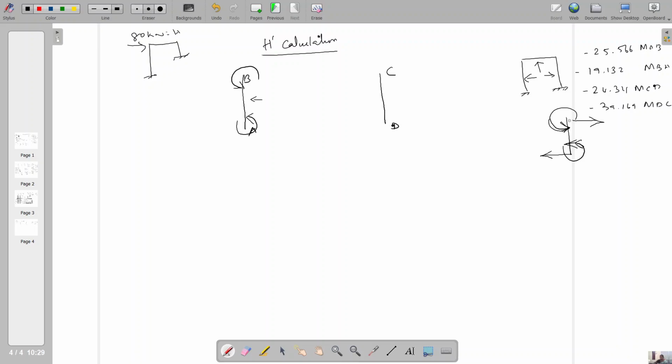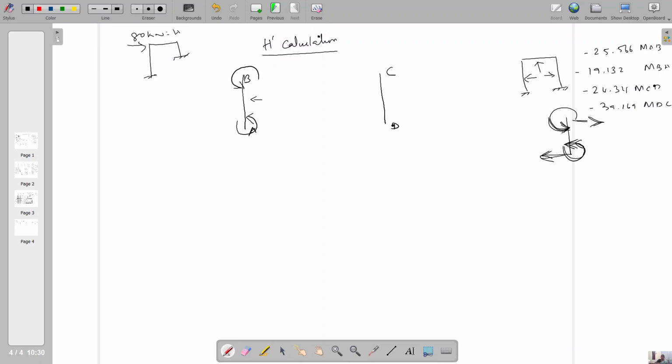If there is no load in the column member, then only this type of assumption can be made. If there is a horizontal load in the column member, the direction can vary according to the applied load. So when there is no load and both the moments are anti-clockwise, you can assume the direction like this: towards the moment direction, you can mark the reaction direction.